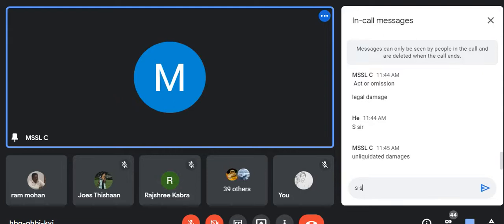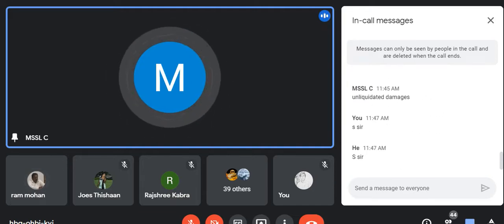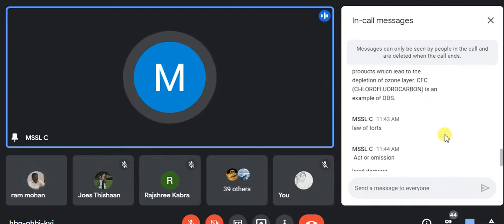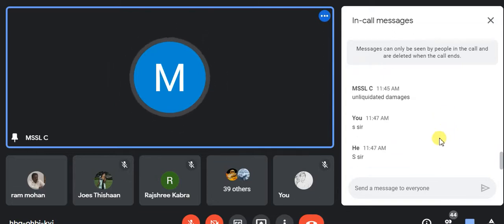Yes, sir. Okay. So there is an act or omission. Omission in the sense what? When there is a statutory duty, and that statutory duty, if they omit, they don't perform, they don't do, then that is an omission.